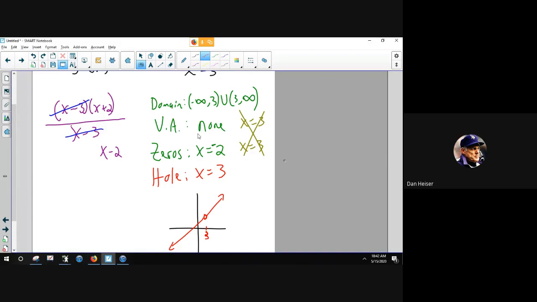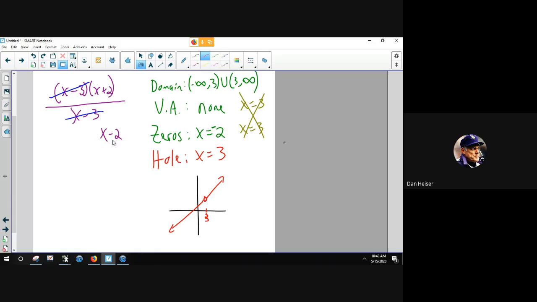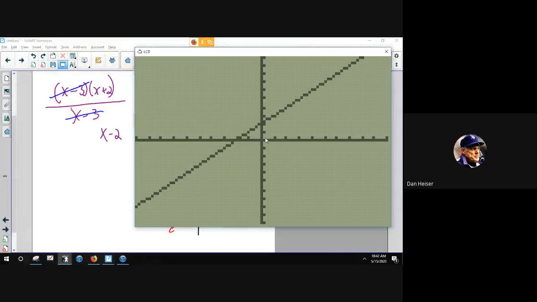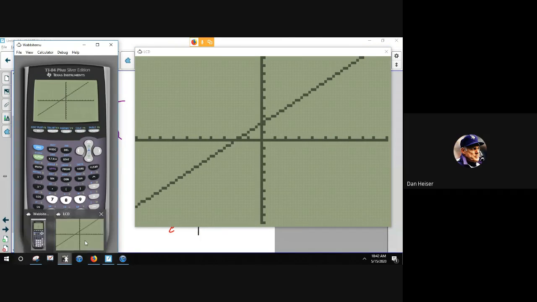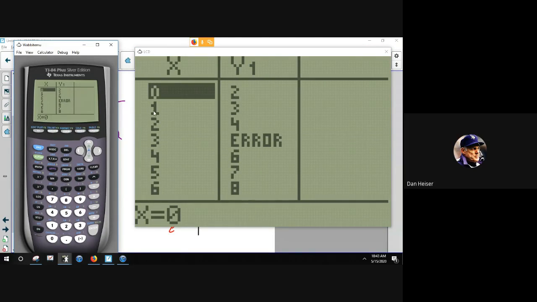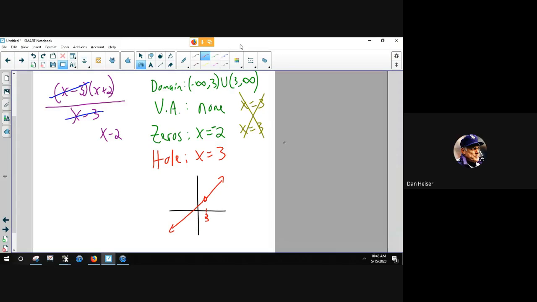Now, you might say to yourself, wait a minute, if I plug 3 into this, I get 1. 1, 2, 3. Yeah, I don't think that's 1. I'm not sure what my scale is here. Let's go back to the table. Oh, that looks like it's going to be at 5. Oh, dummy, that's because I didn't fix that. There we go. X plus 2.